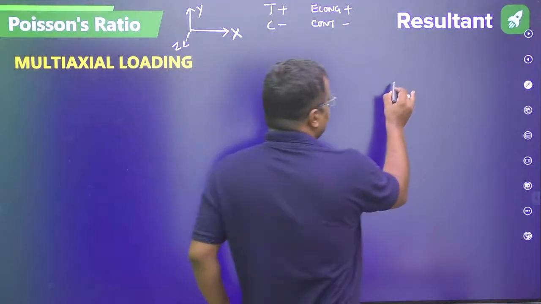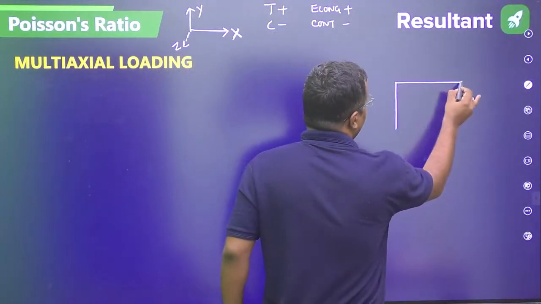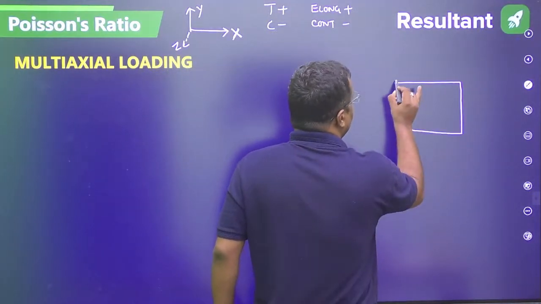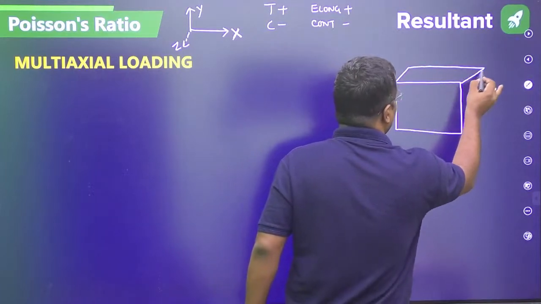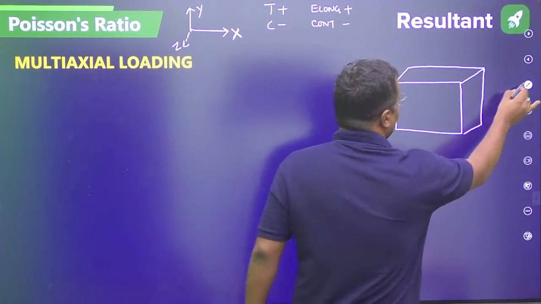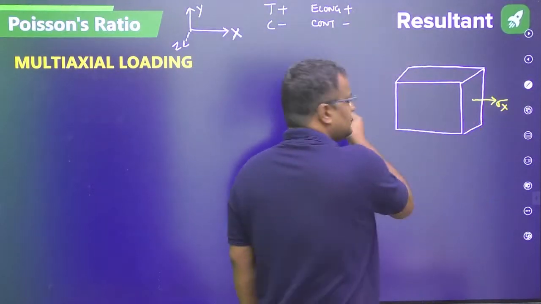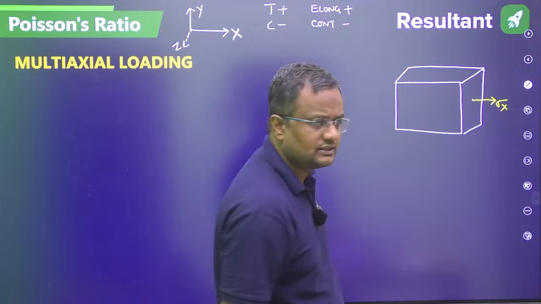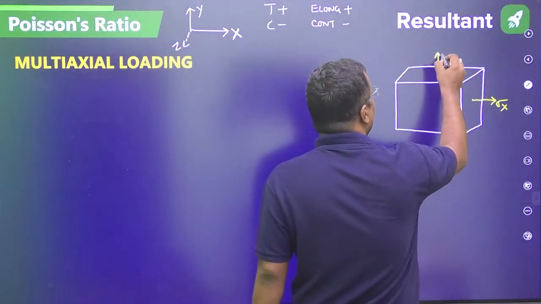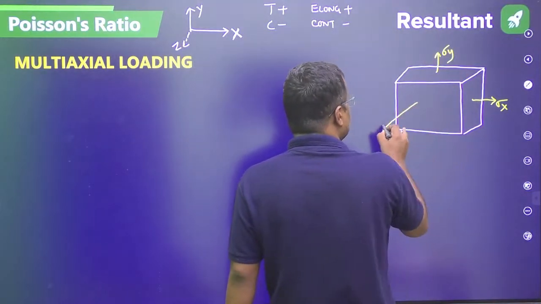Now, three directions. Let it be a body, a beautiful body like this. And in this body, stress is coming here, sigma x. Of course, in this direction also it is coming; I am showing only one direction. This is sigma y, and this is sigma z, guys.